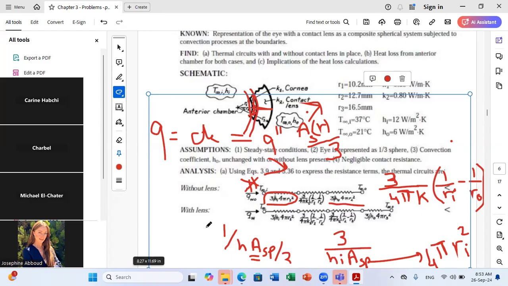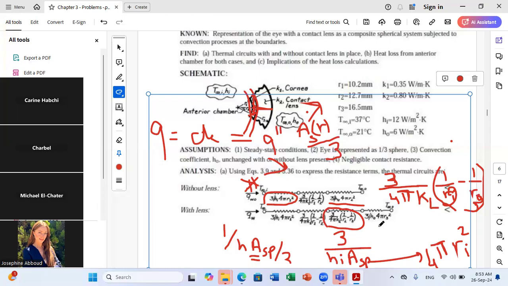Now with lens, as we said, we have to add a resistance to conduction because of the lens layer. For the lens, the inner radius is R2, and here we put 1 over R2, while the outer radius is R3. So we add this resistance to the circuit, using K of lens.